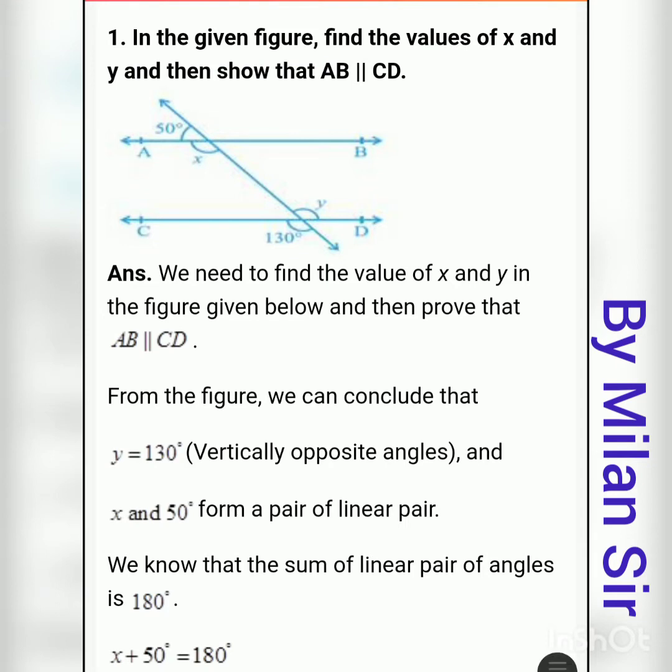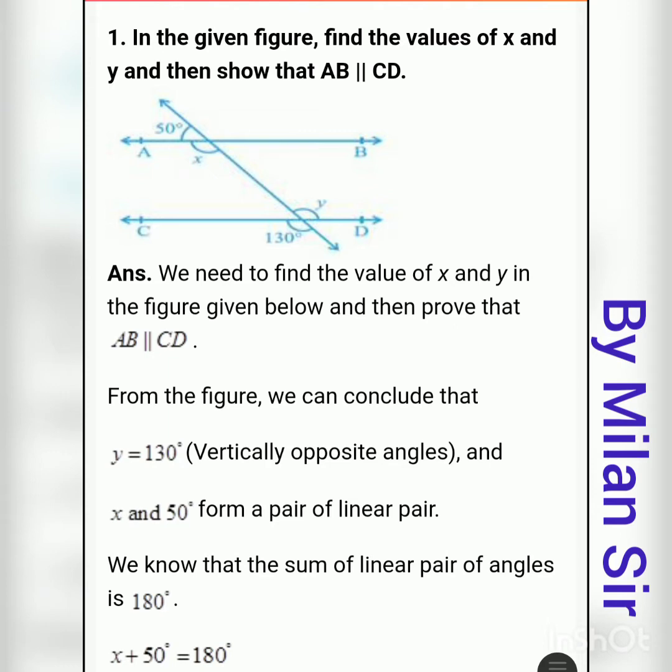Here, if we look at these two angles, 50 and x, together they make one line. This angle plus this angle forms one line. That means these two are a linear pair of angles, and we know that a linear pair of angles is supplementary.